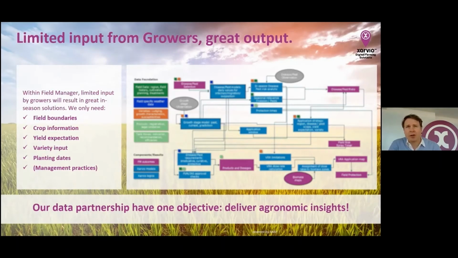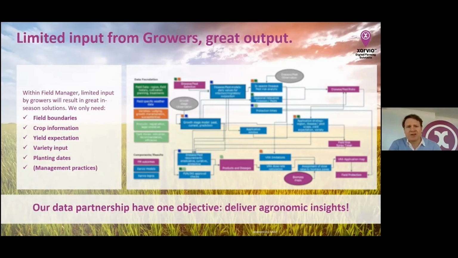At a season start, we ask the growers to enter only very little information, and often this information has been digitalized beforehand, is used in other contexts, and is normally very easily available for a grower. So we speak here about, for example, field boundaries. We need to have some insights here regarding the crop. So what crop is he growing? Is this a wheat, barley, oilseed rape field, and so on?